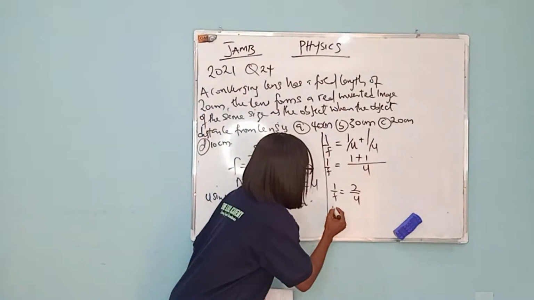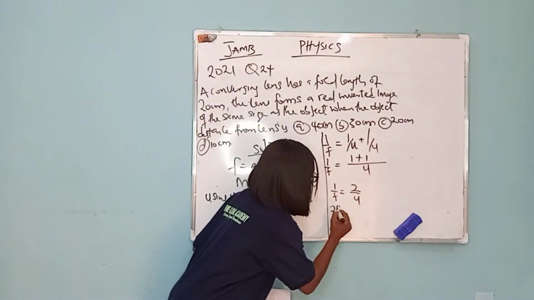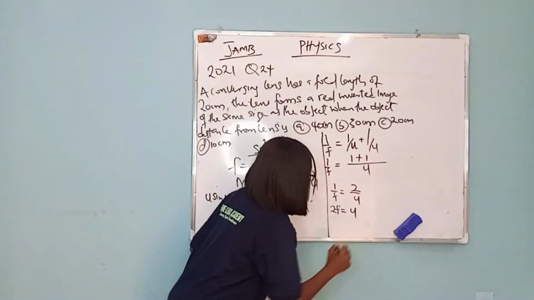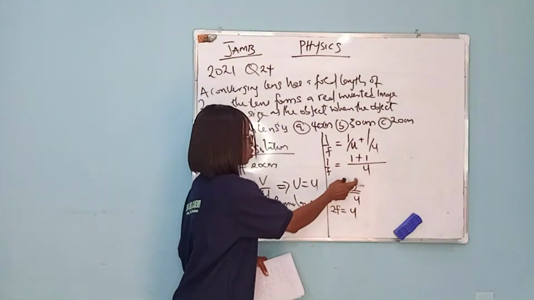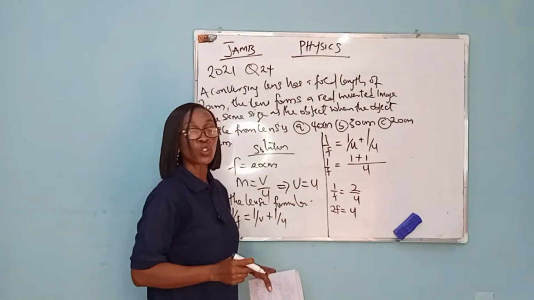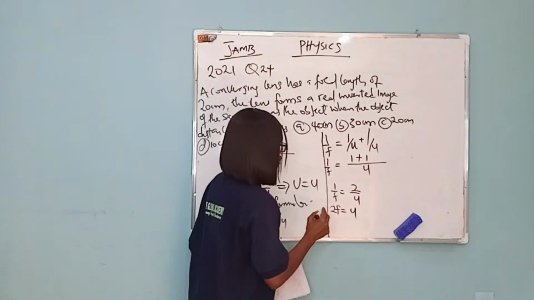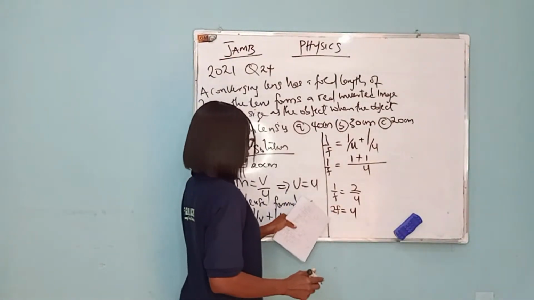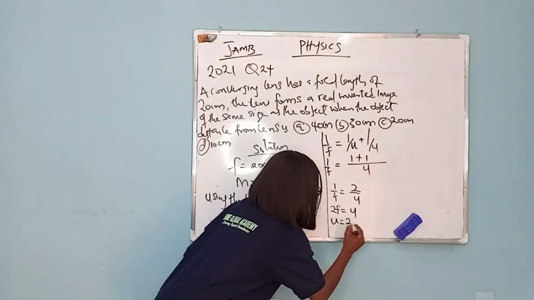I have 2F is equal to U. Now, U becomes 2F.